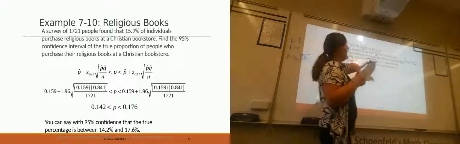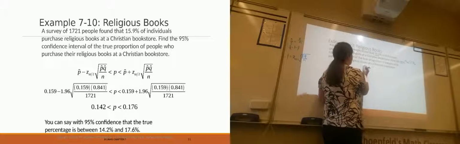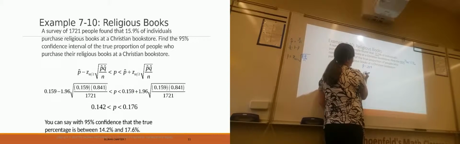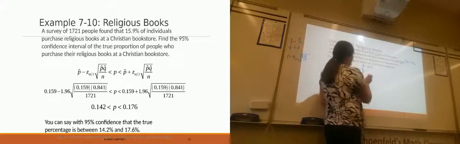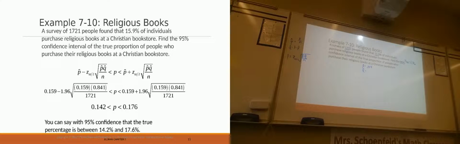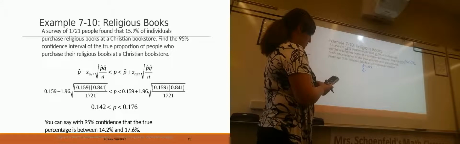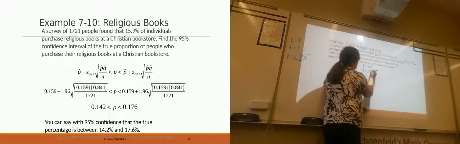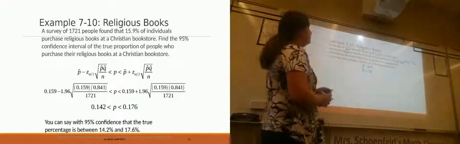Okay, my p hat is not 15.9, but my p hat is 0.159. So my q hat, subtract that from 1 to get 0.841. Am I right? 0.841, yay, subtraction. Okay.